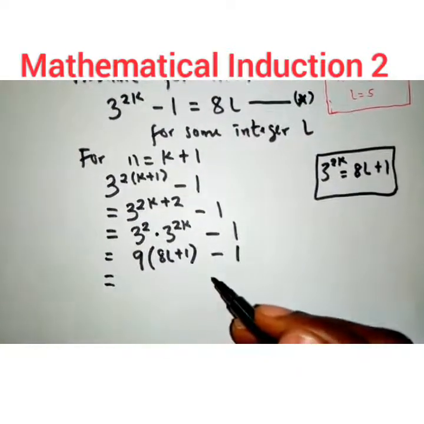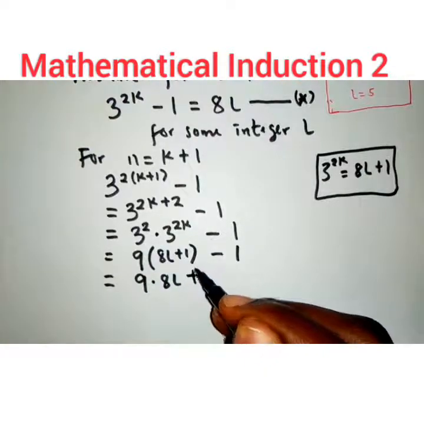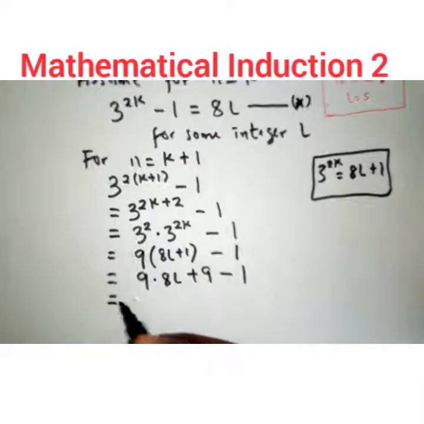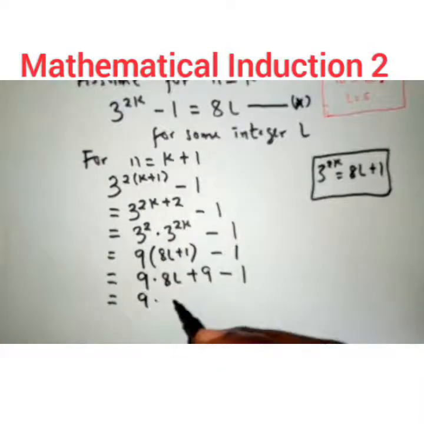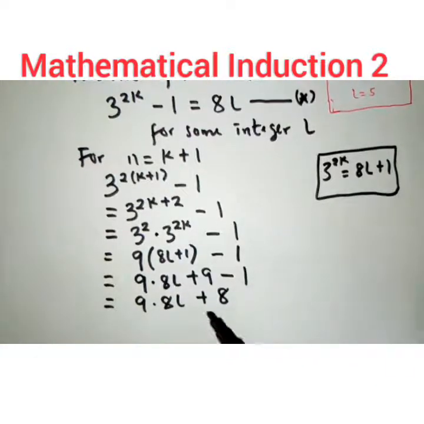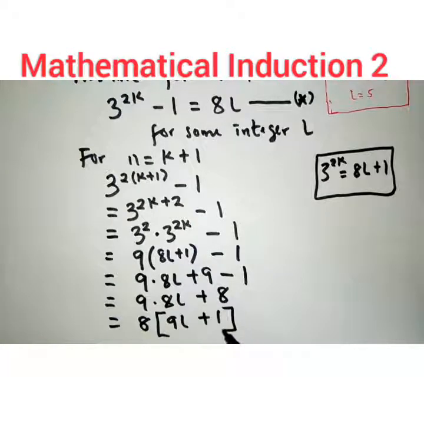So we have 9 times 8l plus 1, minus 1, which is equal to 9 times 8l plus 9 minus 1, and this equals 9 times 8l plus 8. So we can factor out 8, and we have 8 into brackets 9l plus 1.